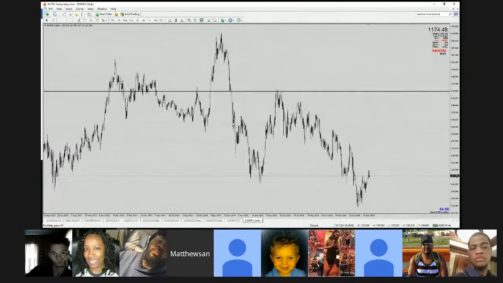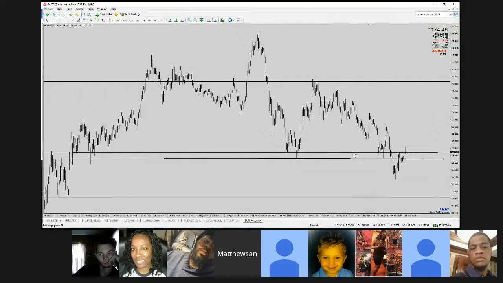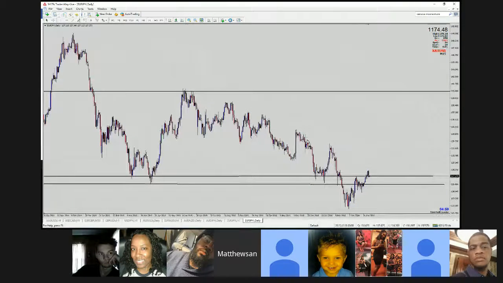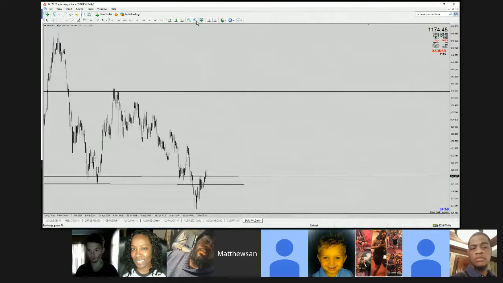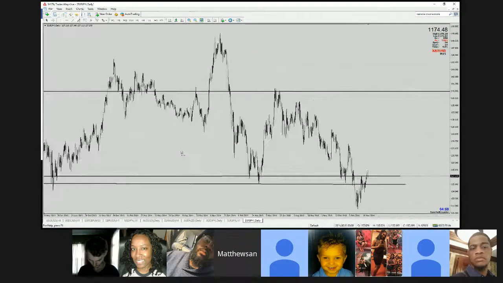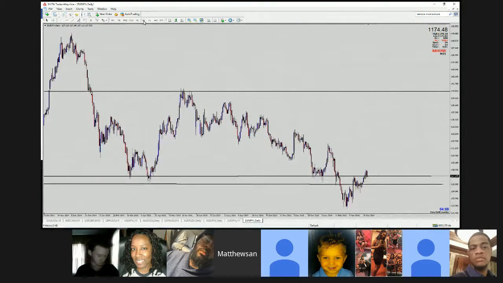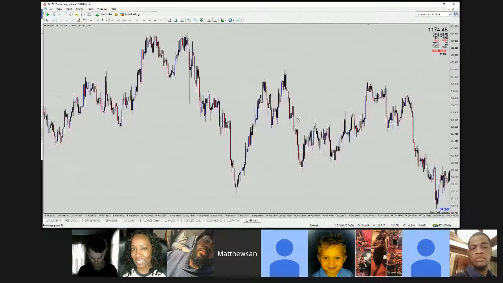So it looks like the market, this would have been your area of demand solely because it's hit this many times. 1, 2, 3, 4, 5, and then it broke it on the daily. And it hasn't established any new ones yet.